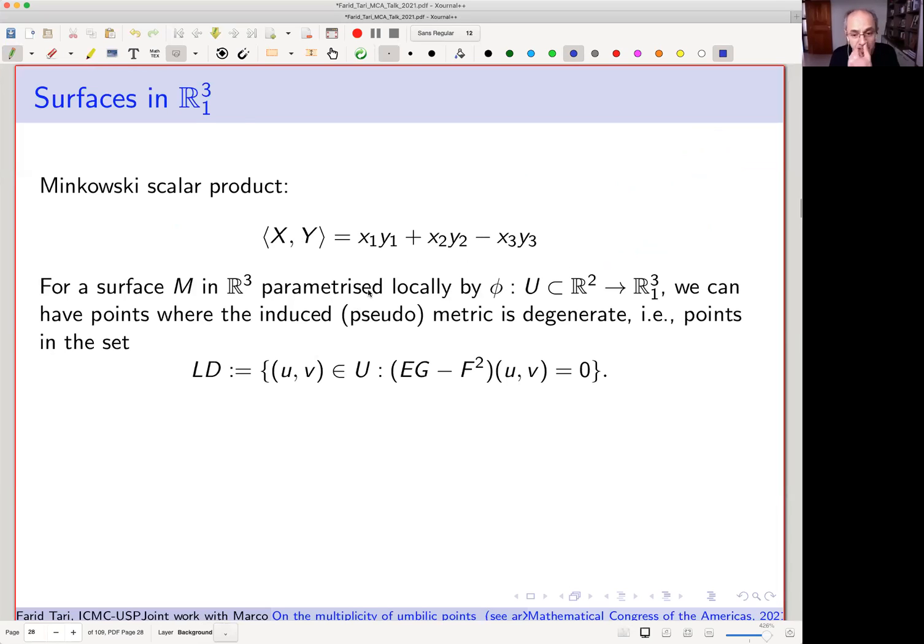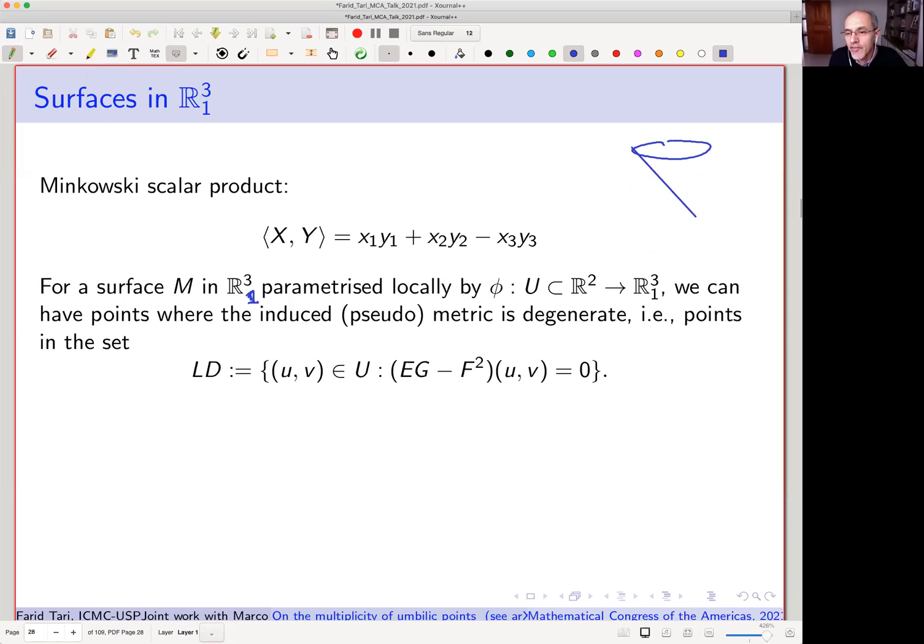So if we take a surface in R^3_1, a surface in the Minkowski space, parameterized locally by a map phi, we can have points where the induced metric is degenerate.